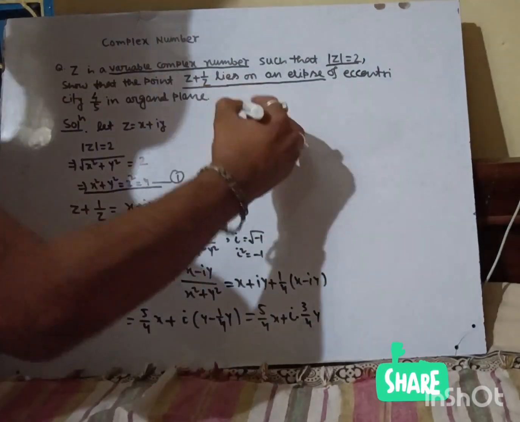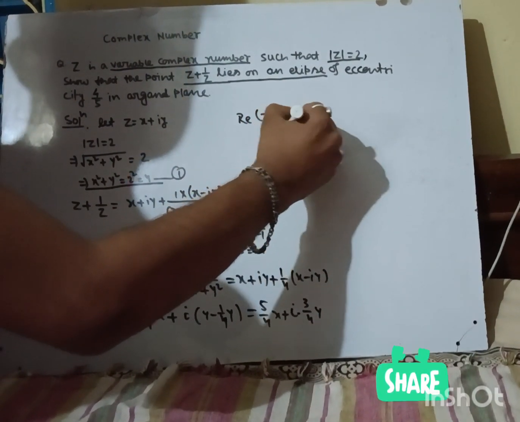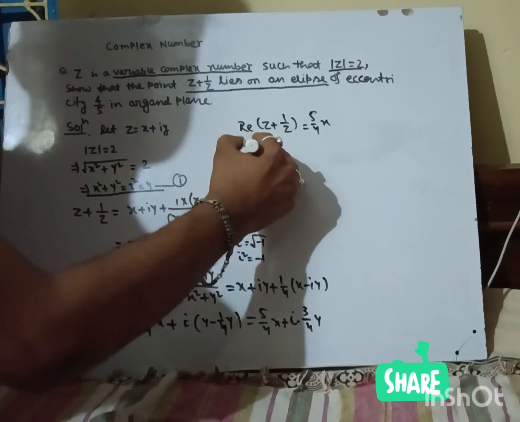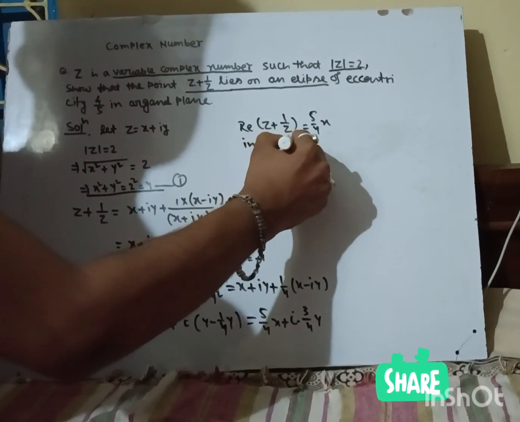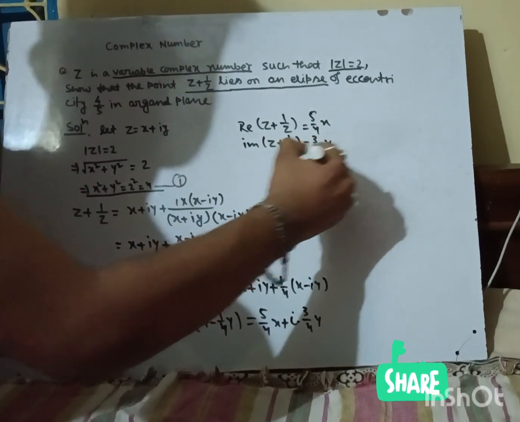That means the real part of z plus 1 by z is equal to 5/4 of x, and the imaginary part of z plus 1 by z is 3/4 of y.